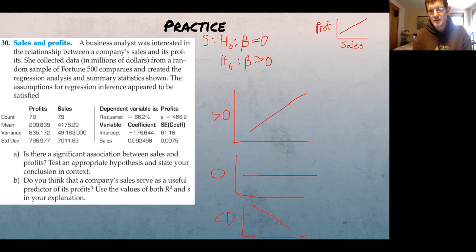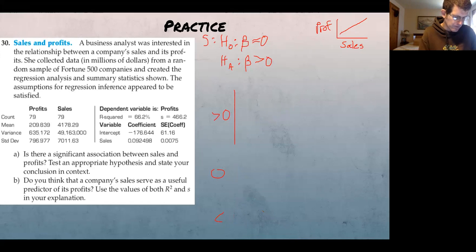We're not talking about means or proportions, we're talking about the slope of a line. So we need to think through it that way and maybe visually process it to say, I think there's a positive association between these two, so I'm only testing that beta is greater than 0. Think through every problem like this and think about the fact that you're dealing with slope.